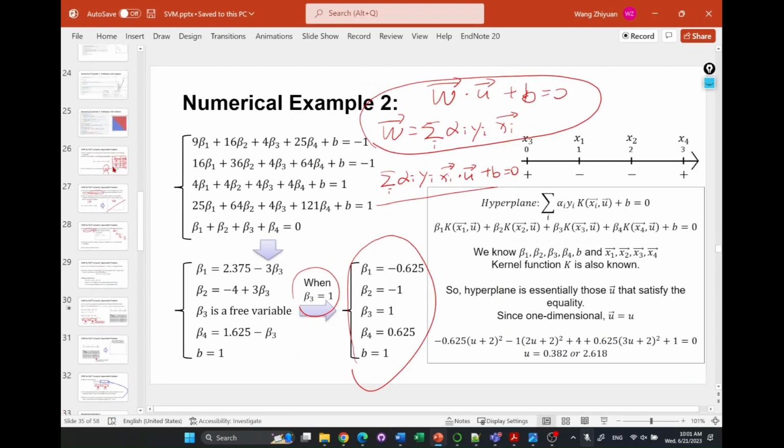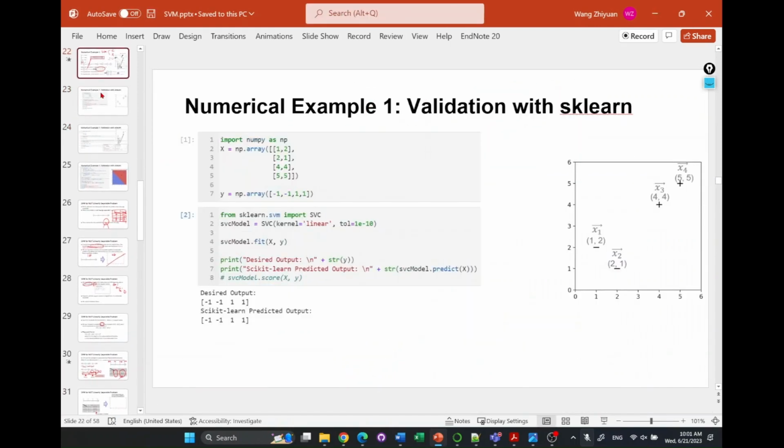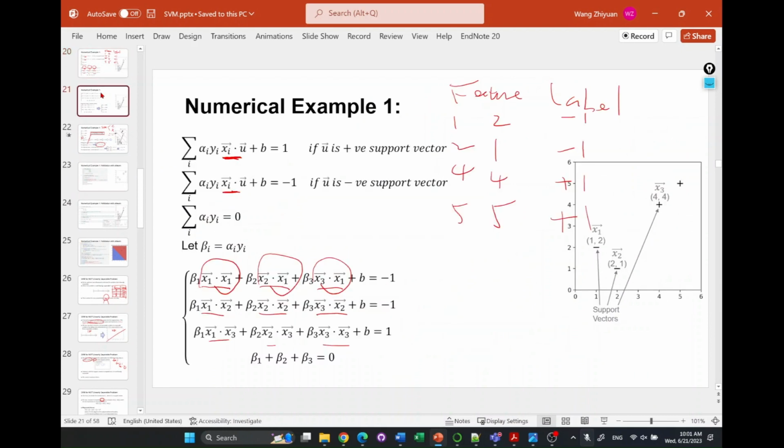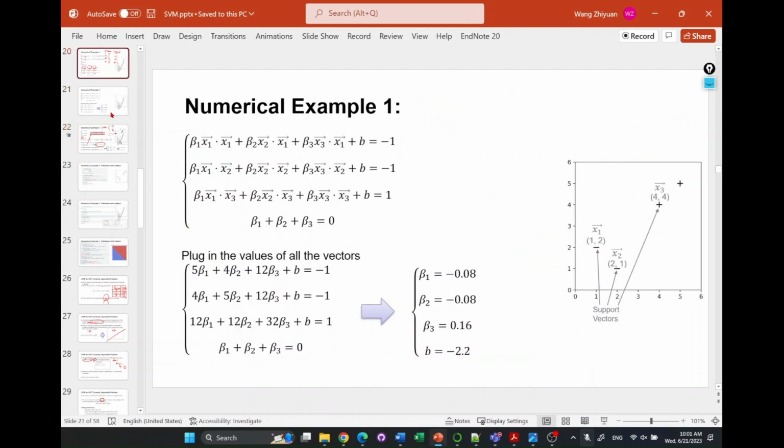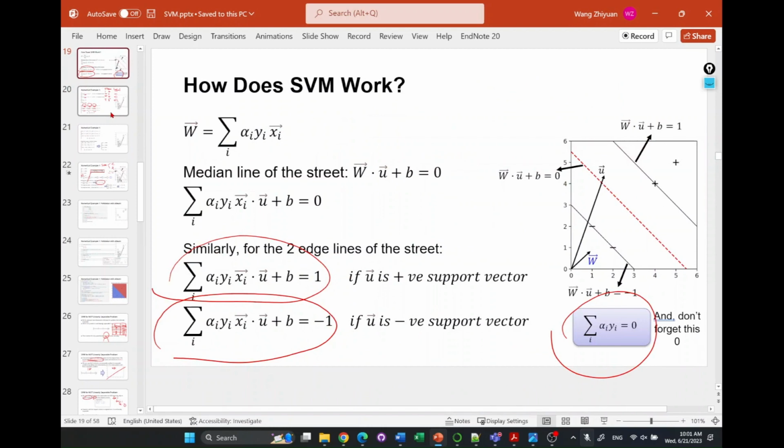Over here, w is equal to alpha i yi xi vector, and this is w dot u plus b. So this is the expression for the hyperplane, w dot u plus b equal to 0.